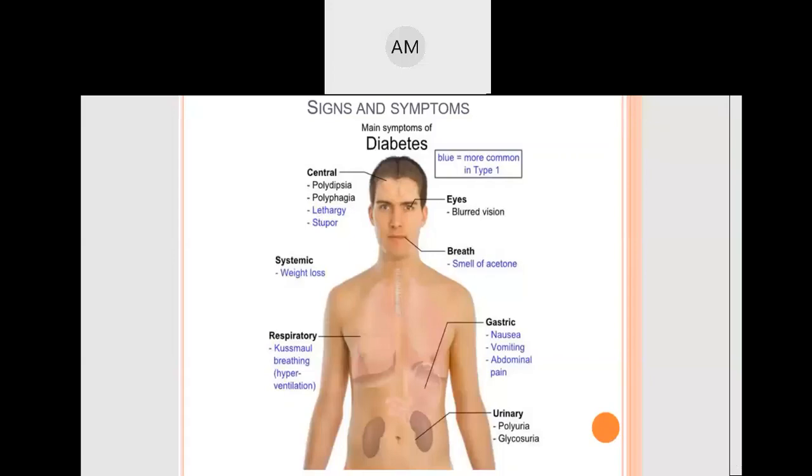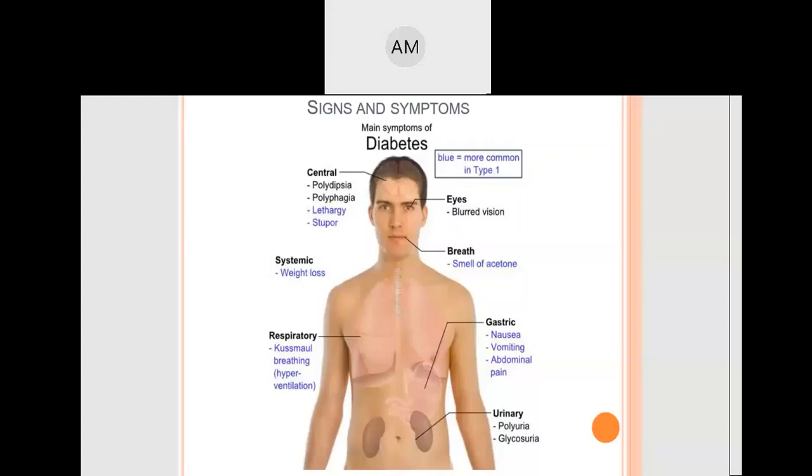Lethargy: obviously, the glucose cannot go inside the cells of the body, so there is lethargy. The patient will start feeling very weak. There is blurring of vision because the glucose is rising very much inside the blood. This moves inside the small arteries or vessels inside the eye, and it also mixes up with the fluid which is present inside your eyes, inside the retina.